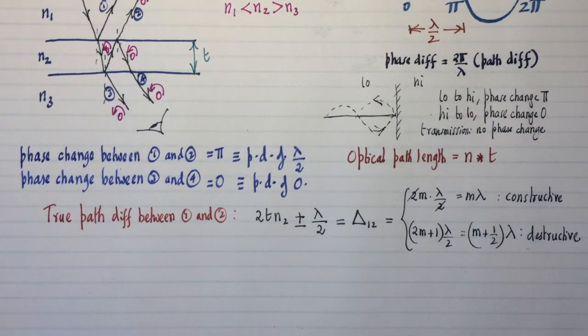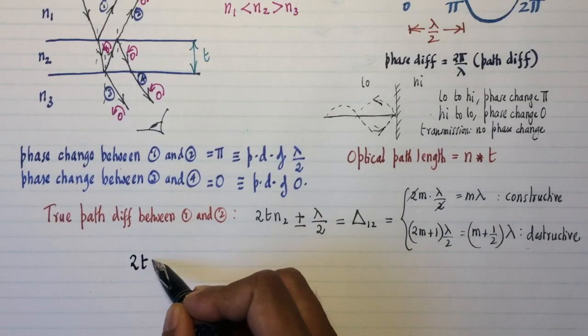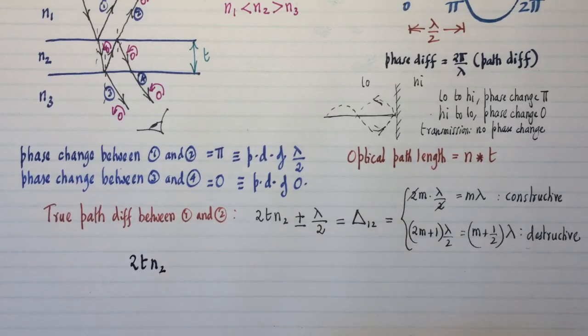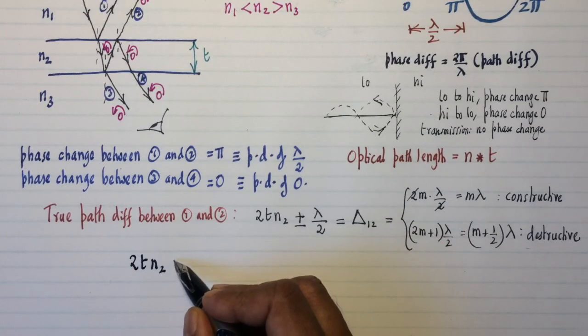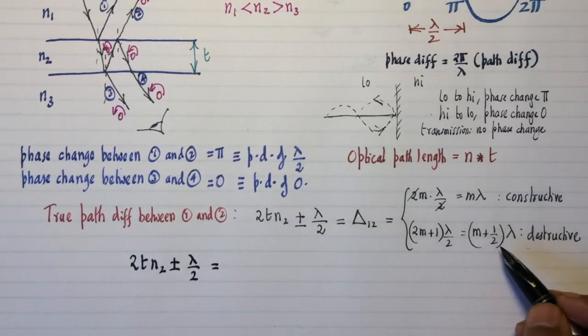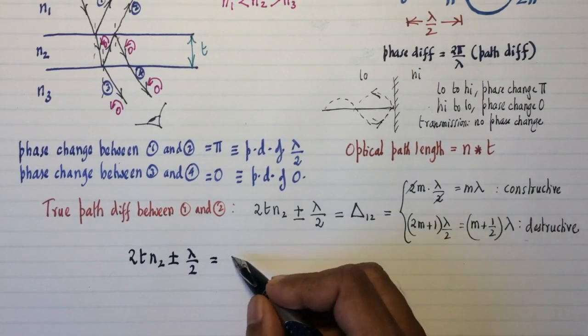Now, the way that's arranged is to write 2t times n2. That's the path difference in the medium, plus or minus lambda by 2 will be equal to, if we want constructive interference, m lambda.